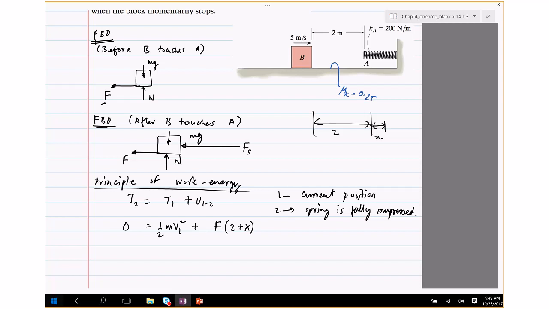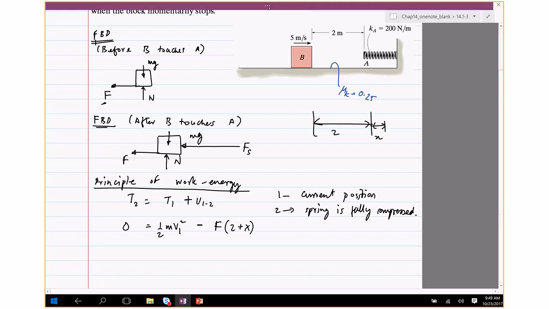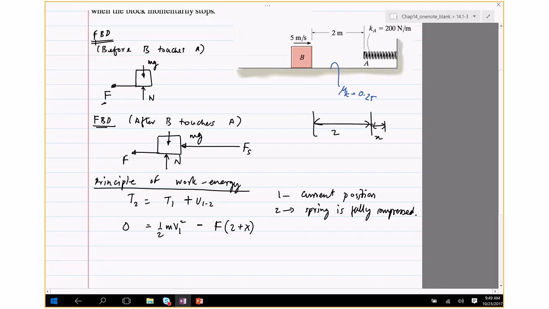The other question is, what's the magnitude of the work done? F is acting to the left, and the block is moving to the right. Since F and the displacement are in opposite directions, we have a negative sign.